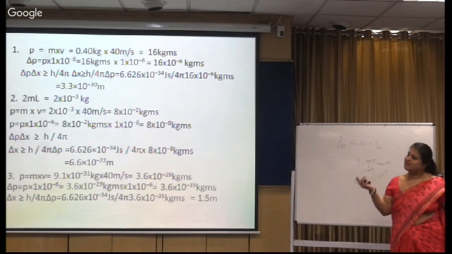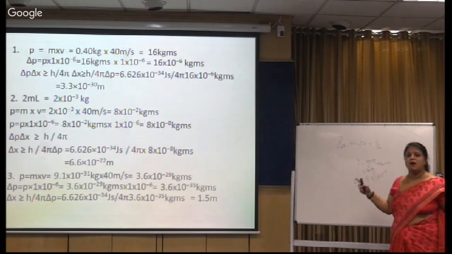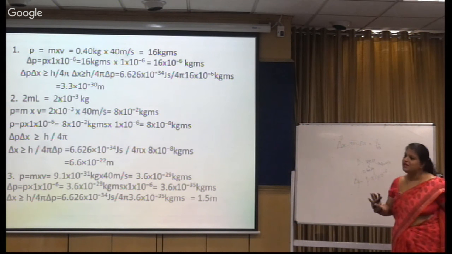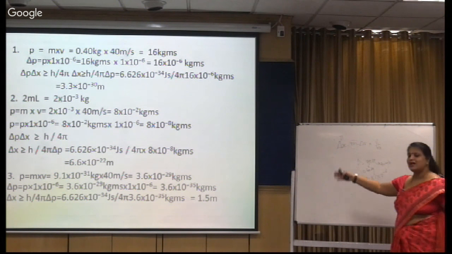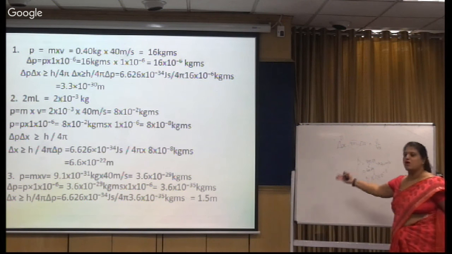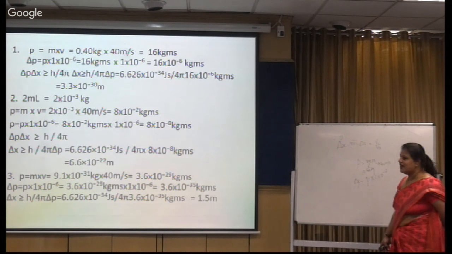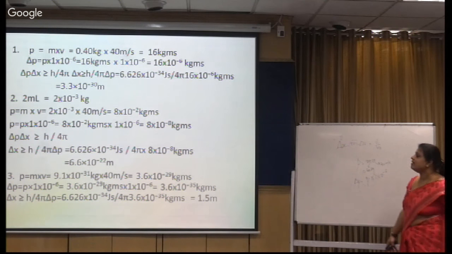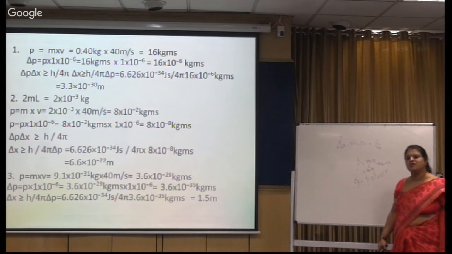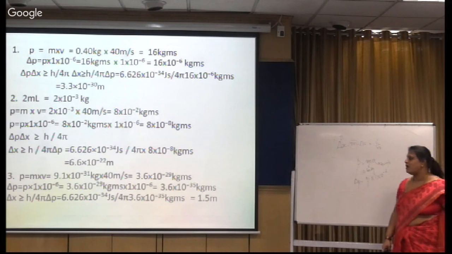So since the mass is getting changed, the momentum is getting changed, and the uncertainty in momentum is 1 into 10 to the power minus 6 times whatever momentum you are getting. Accordingly, the uncertainty in momentum is also getting changed, and hence you can easily calculate the uncertainty in position. Okay, so in this case it is 1.5 meter.